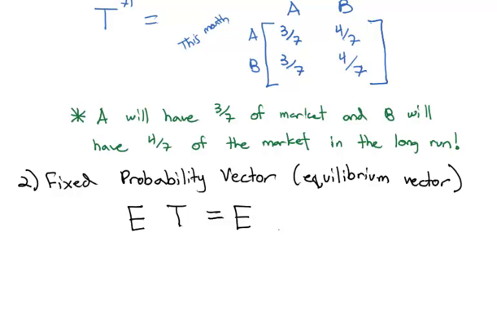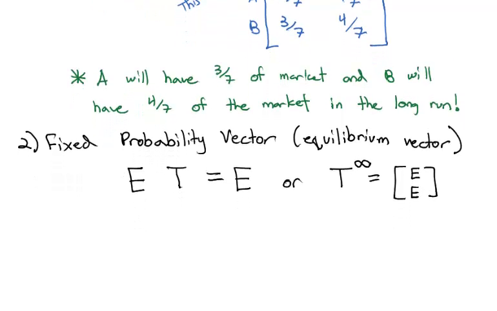Another way of saying this is if we take the transition matrix to some huge exponent, I'm going to say infinity, we will get the equilibrium vector in each row. That shows how much of the market share each company has in the long run.